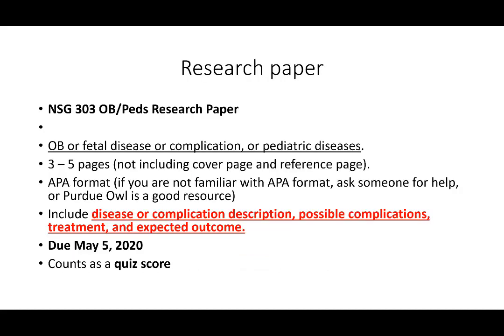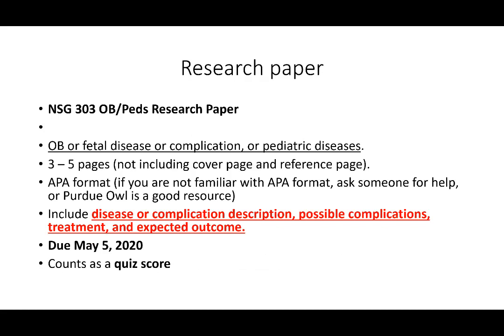This part is listed on my IoT, and some of you also have this in your packet. So this is going to be on an OB or fetal disease or complication, or a pediatric disease, so something that children would get.